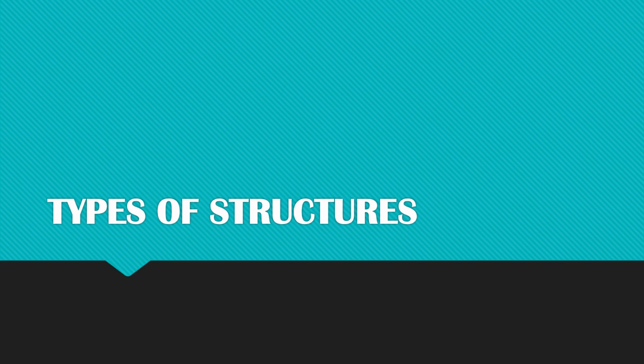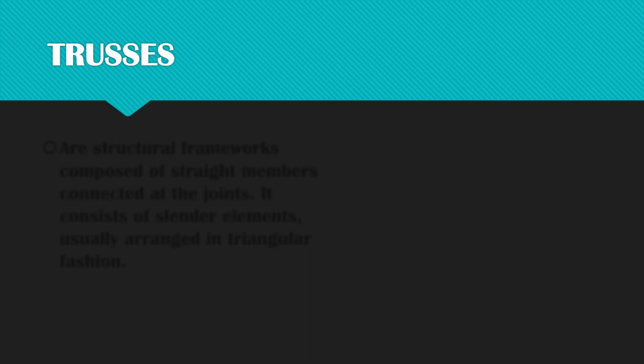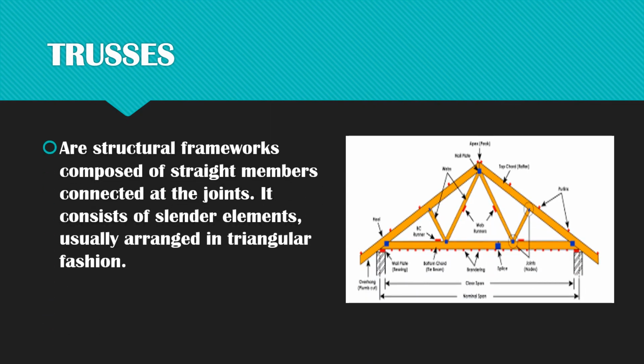Next, we identify the types of structures. First is trusses. Trusses are structural frameworks composed of straight members connected at the joints. It consists of slender elements usually arranged in triangular fashion. It is commonly used as support for the roofing of a structure.